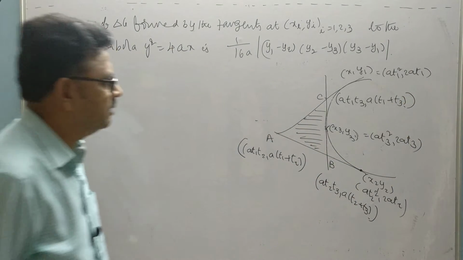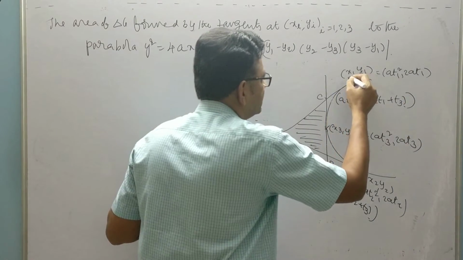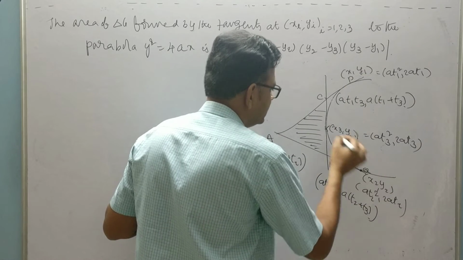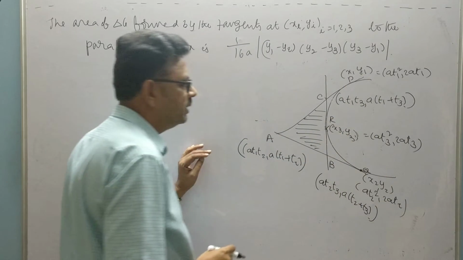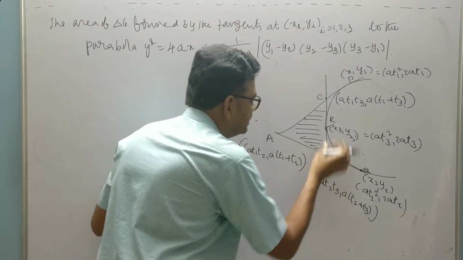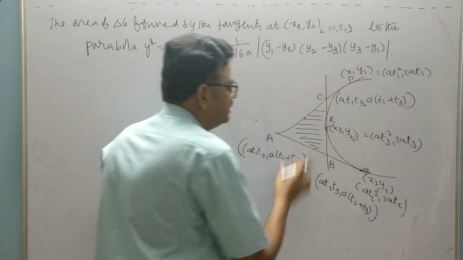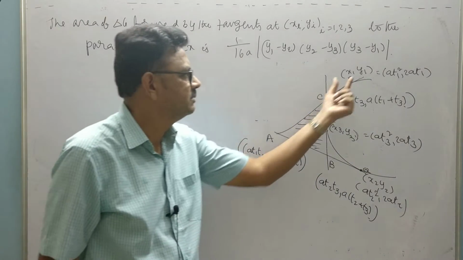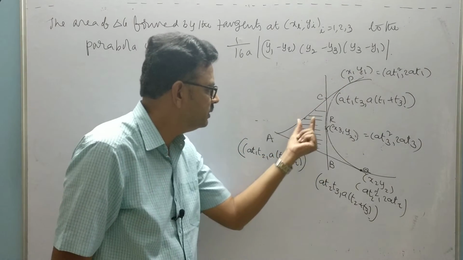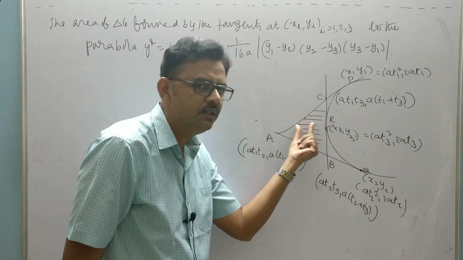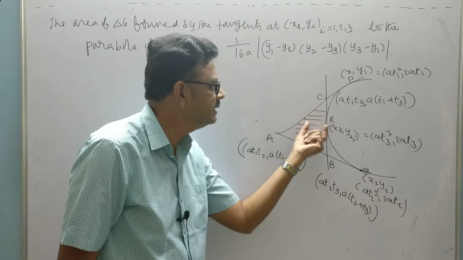Okay, now suppose this point is P, this point is Q, this point is R. A, B, C are the points of intersection of tangents at the 3 points. Now we have to show the area of the triangle formed by the tangents.